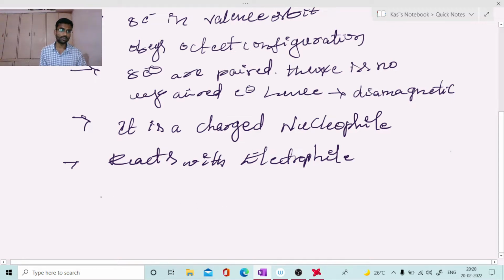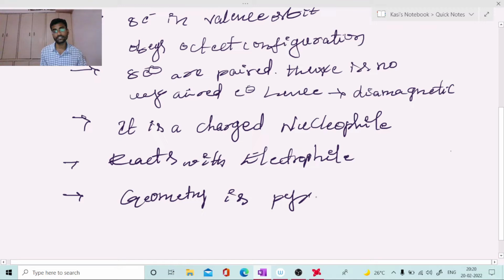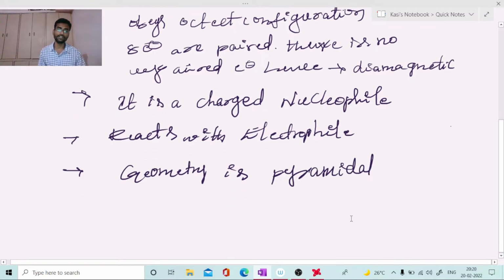The geometry of the carbon anion is pyramidal geometry. We know very well that if any molecule has sp3 hybridization, 3 bond pairs of electrons and 1 lone pair, then it is considered pyramidal geometry.